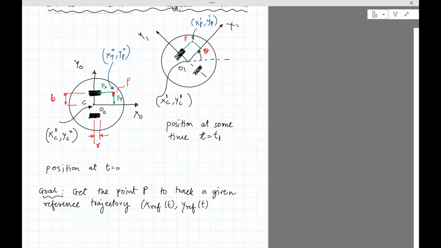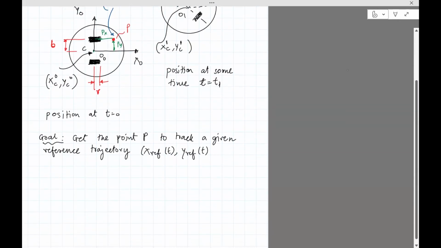Okay, so if you want to do that, then we need to write an expression for the position of point P in frame 0, right? Because this path is going to be in world frame. So I'm going to try to relate xp1 with xc1, and then we'll go from there.